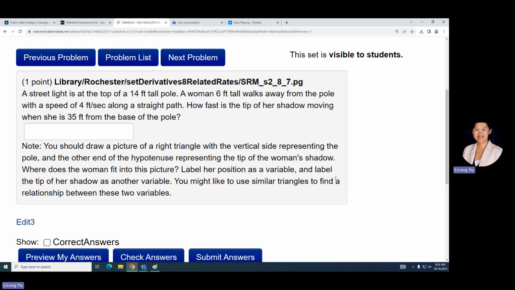It says you should draw a little picture to show a right triangle with the vertical side representing the pole and the other end representing the tip of the shadow. Okay.